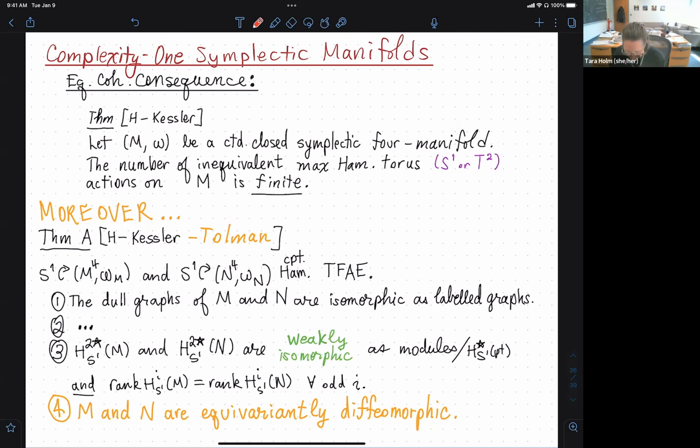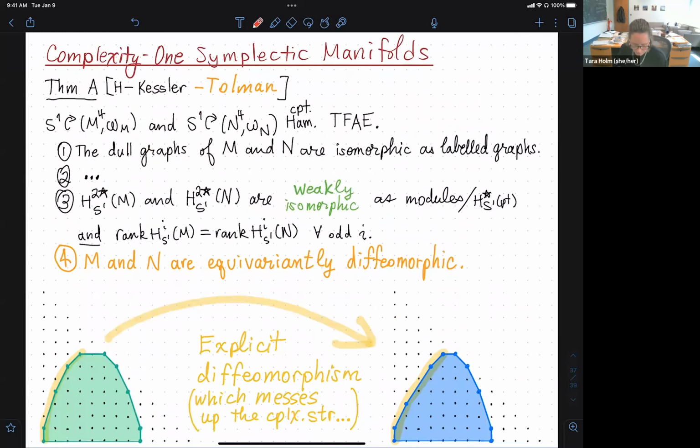The clock is ticking, so I can't prove the theorem for you. But what I will say is that there is a very explicit diffeomorphism that completely destroys the complex structure. In the forthcoming paper with Sue and Liat, we construct a diffeomorphism from one to the other very hands-on.